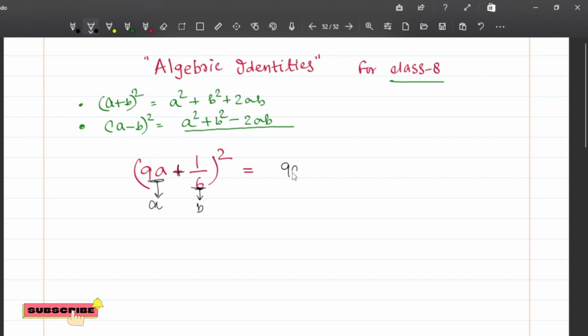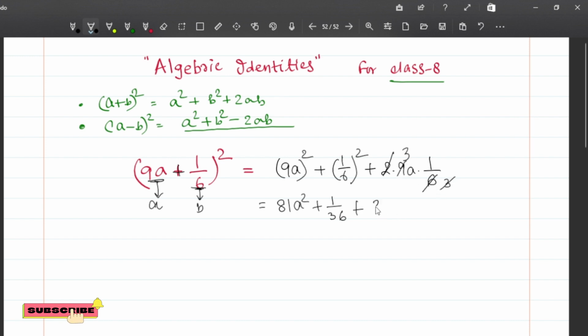Now expand with the formula: (9a) whole square plus (1 by 6) whole square plus 2 times 9a times 1 by 6. Now do the simple calculation, and that is your answer.